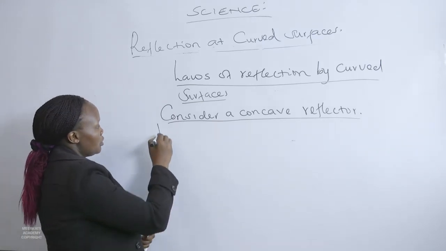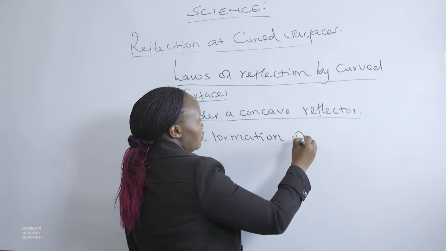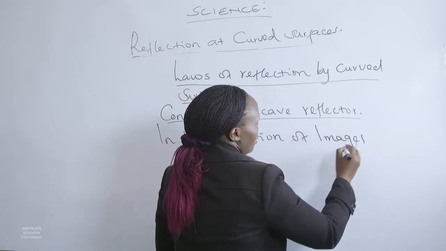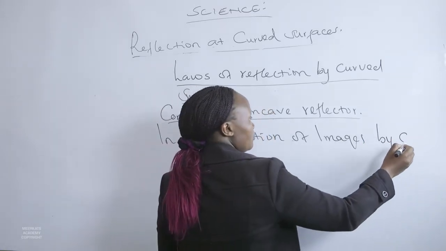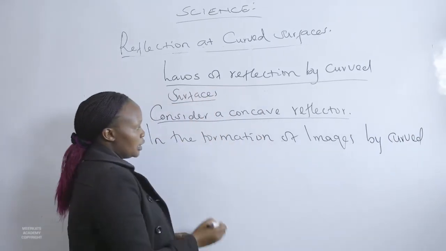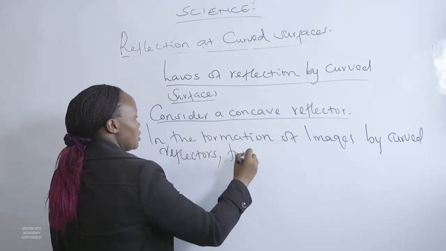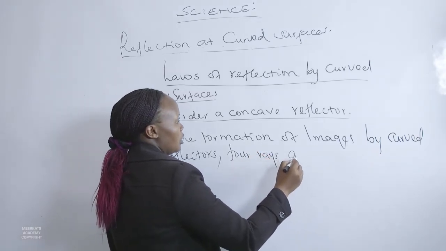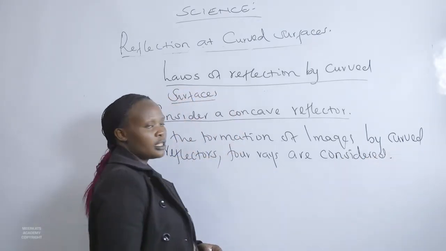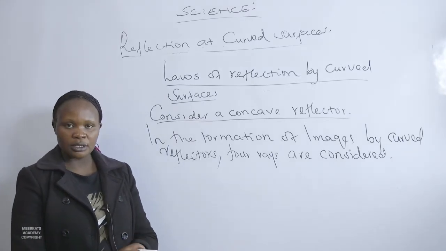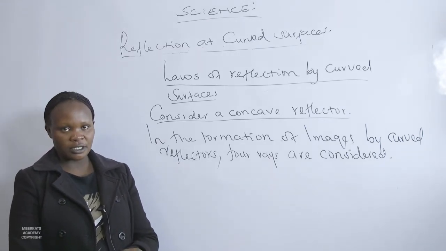Because in the formation of images by curved reflectors, four rays are considered, and these are the laws we talk about when we are looking at reflection by curved surfaces.